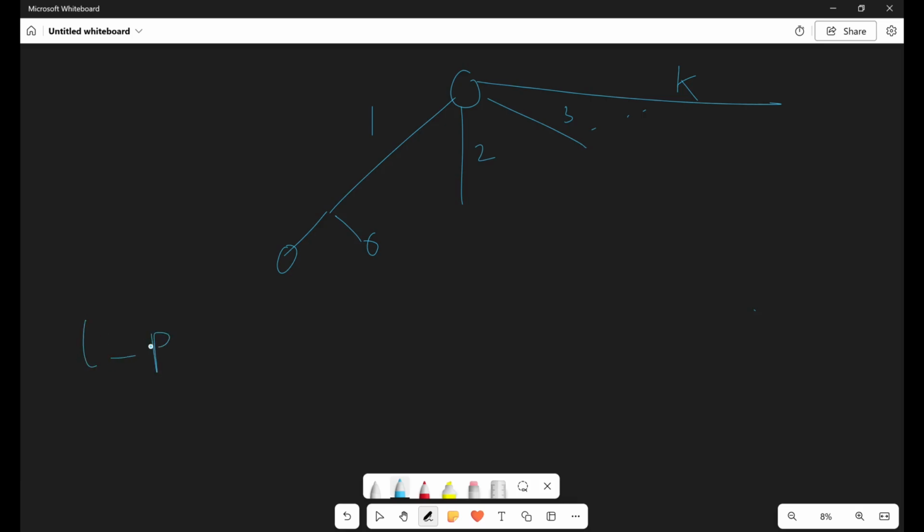So my left problem would be, if I'm bursting the kth balloon last, then it would be f of L to k minus 1. Similarly, my right subproblem would be equal to f of k plus 1 to R.